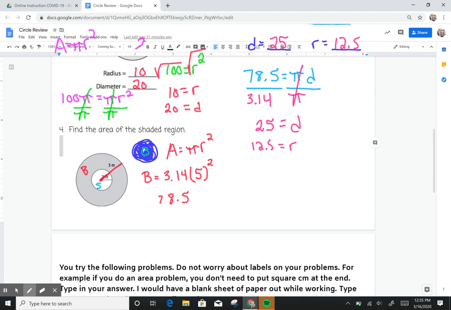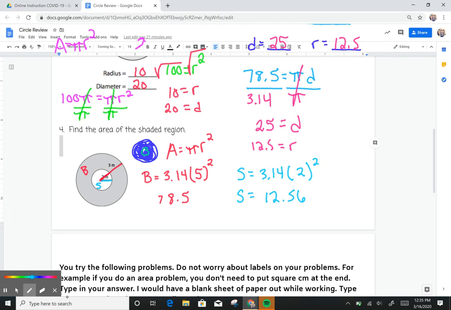I'm going to name this S, for smaller. They already give me the radius is 2. So I'm going to do 3.14 times 2 squared. So now I would get 3.14 times 2 times 2, you get 12.56.